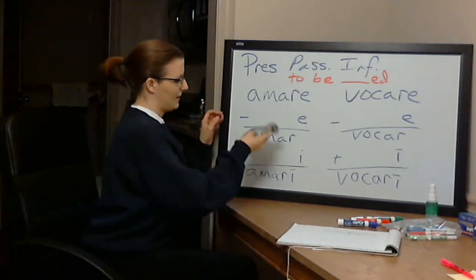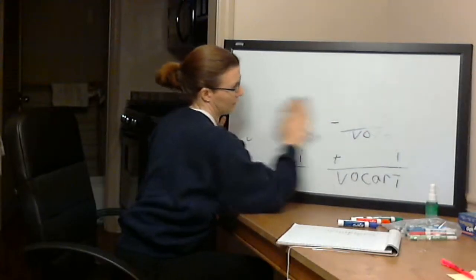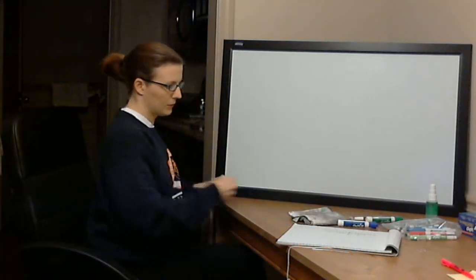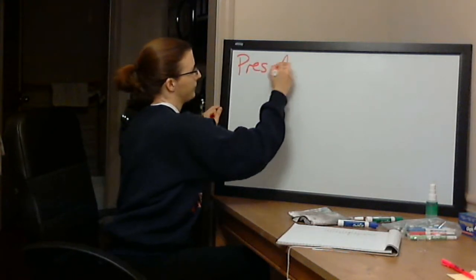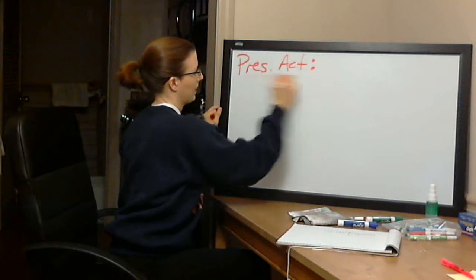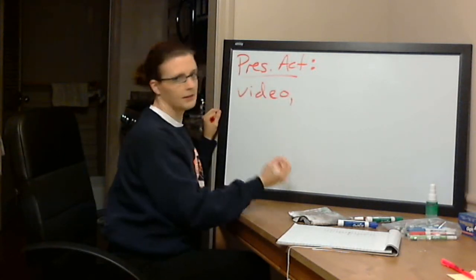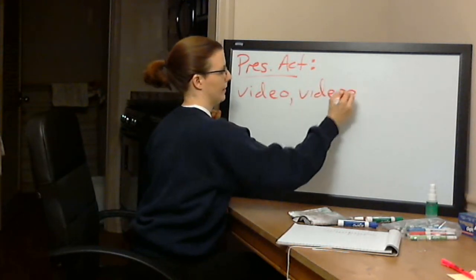You can do this with any conjugation. So let's go ahead and look at second conjugations, present active versus their present passive. So a second conjugation verb's present active. So if I have video, the infinitive, of course, is videre.